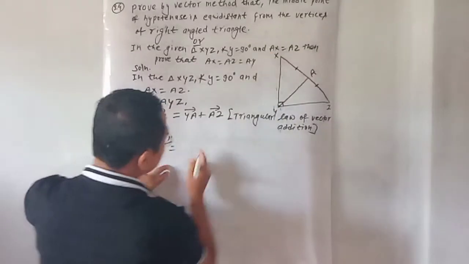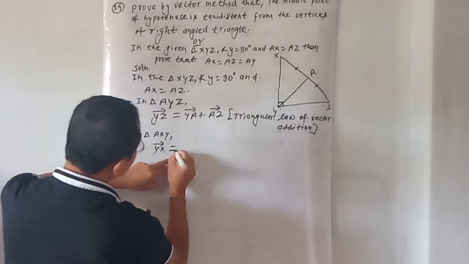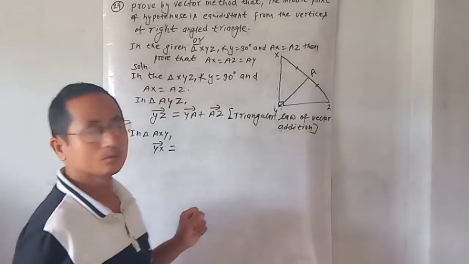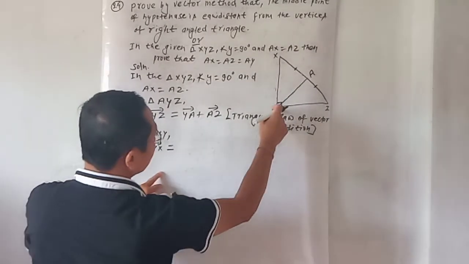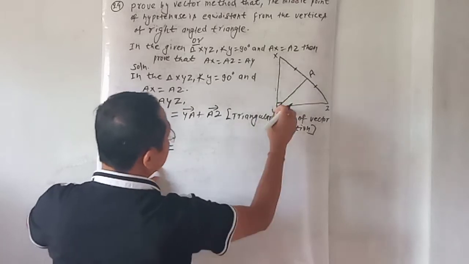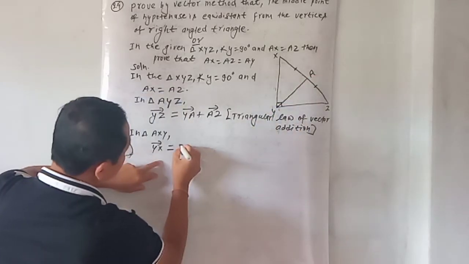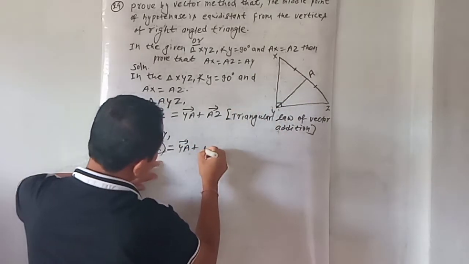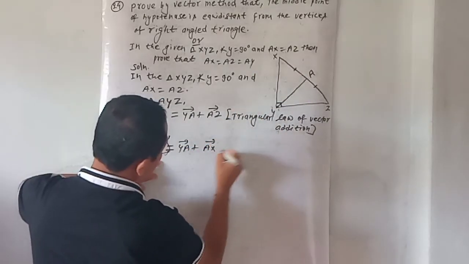Here the same triangular law of vector addition we have to use. Vector YX is equal to vector YA plus vector AX.